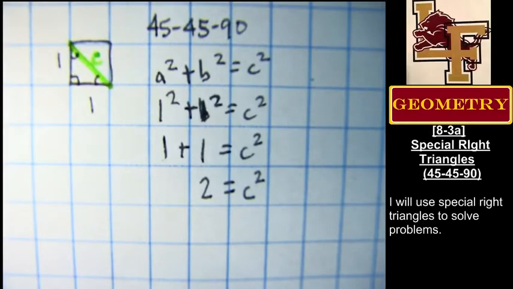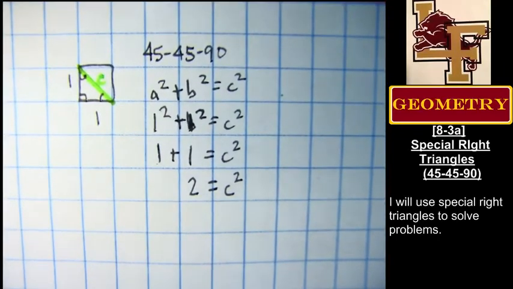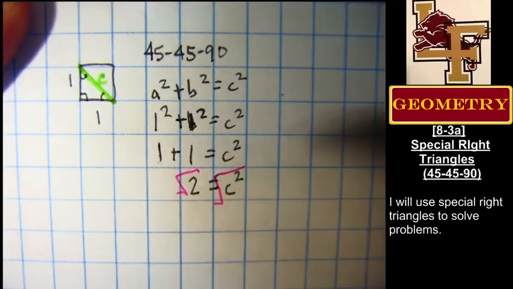But I don't want c squared, I want c. A few of you made this mistake on 8-2's assignment, yesterday's assignment. I started grading a few. You forgot to take the square root here. In order to get rid of that square power, I have to take the square root of both sides.